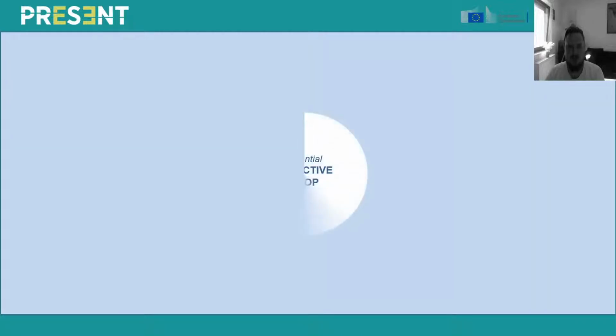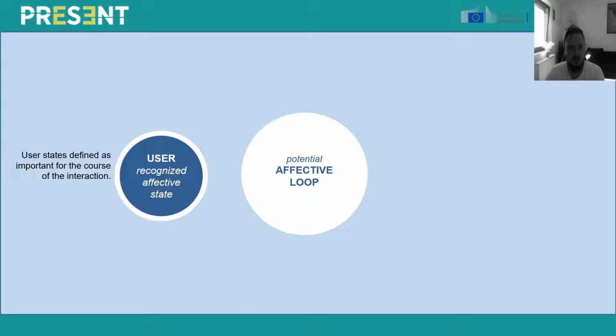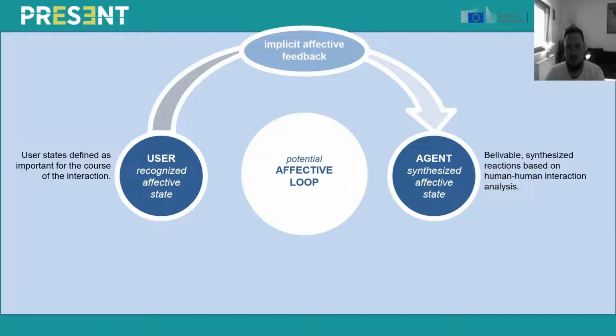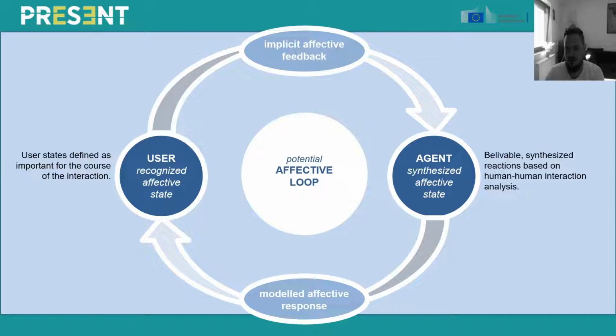So what is the ultimate goal? The ultimate goal is a potential affective loop between the user and the agent. So on the one hand, we look at the user, we recognize his affective states. This also gives an implicit feedback to the agent, which uses this feedback to adapt his synthesized affective states and to model the affective responses he gives back to the user.